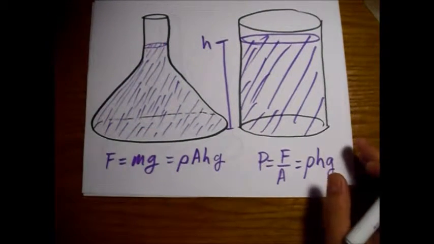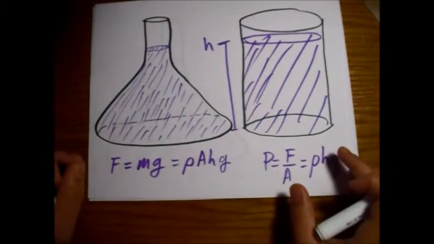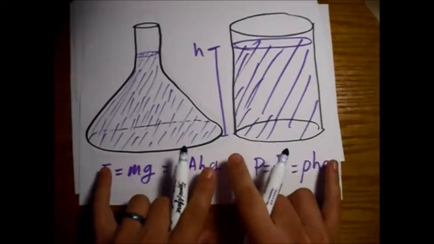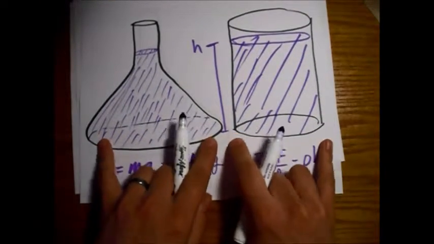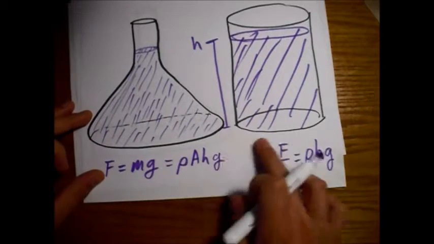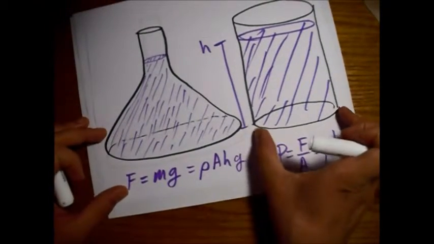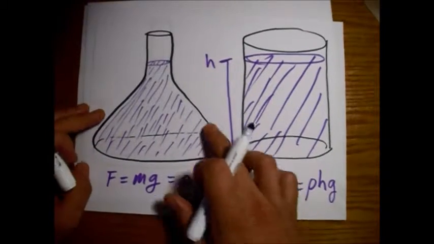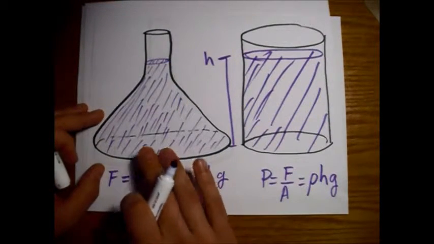And at first you think, oh, well, if I had drawn these so that the bases have the same cross section, that seems a little strange, because obviously this holds less liquid.